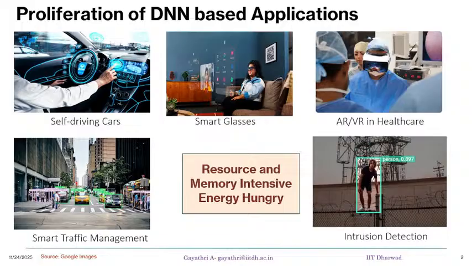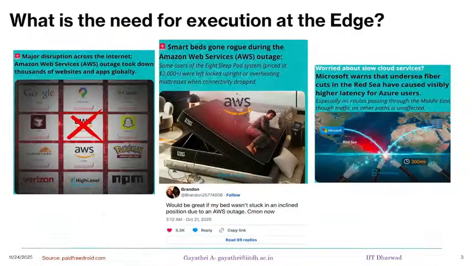So now, if you want to deploy them at the edge, the next question is, why do you need edge when you have cloud-based services, right? You have seen these in the last couple of months. You had an AWS outage, and then somebody's bed was inclined because the cloud was not available.